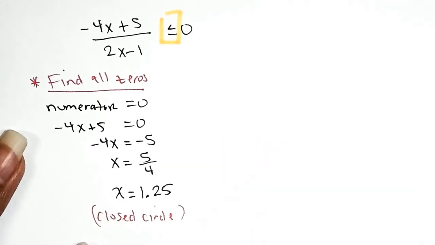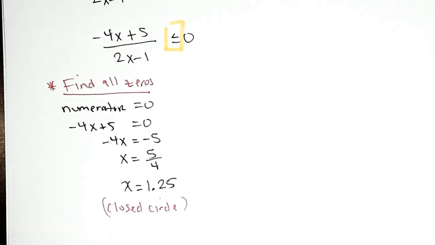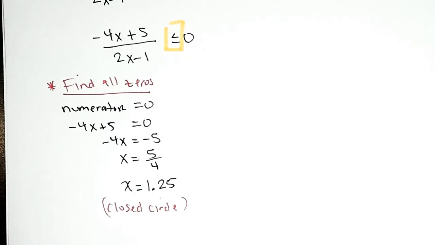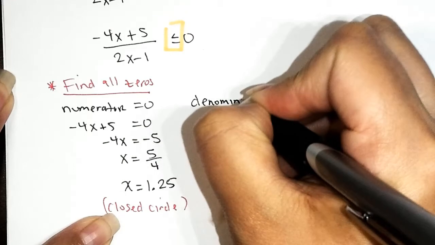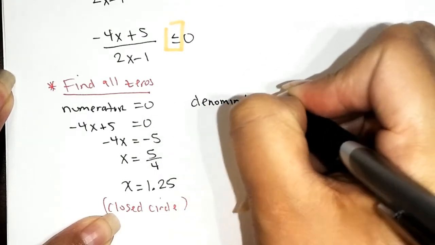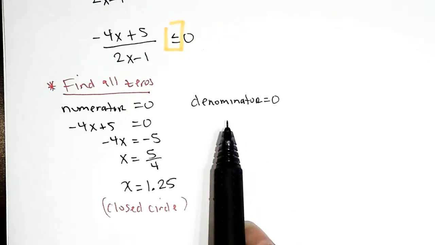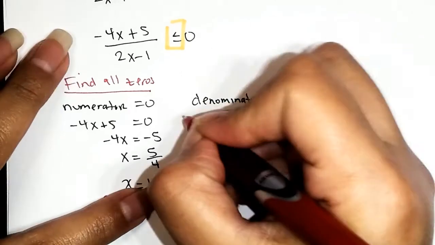Okay, so for the rational inequalities, step 1, fix it so you have 0 on one side and a single fraction on the other. Step 2, find all zeros. Find zeros of the numerator, find zeros of the denominator. So if I want to find the zeros of the denominator, pretty much I'm asking myself, what makes the denominator equal to 0? Which kind of sounds like a trick question, because we had said, wait, the denominator can't equal 0. So let me put a little love note.